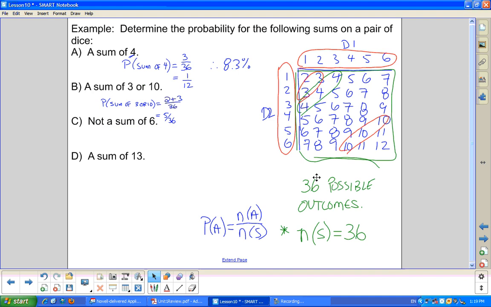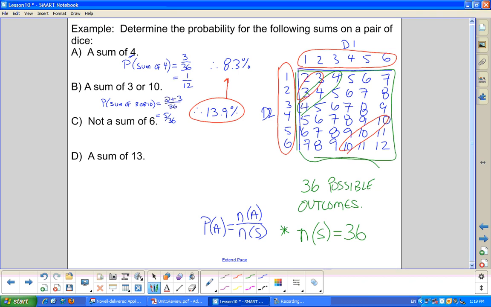And again, you can convert that to a percentage, and you end up with 13.9, or almost 14%. Okay, actually, no, 13.9 is correct. So you're more certain to roll a 3 or a 10. There's a higher certainty because you have a higher percentage. So keep that in mind. You have a better chance of rolling a 3 or a 10.